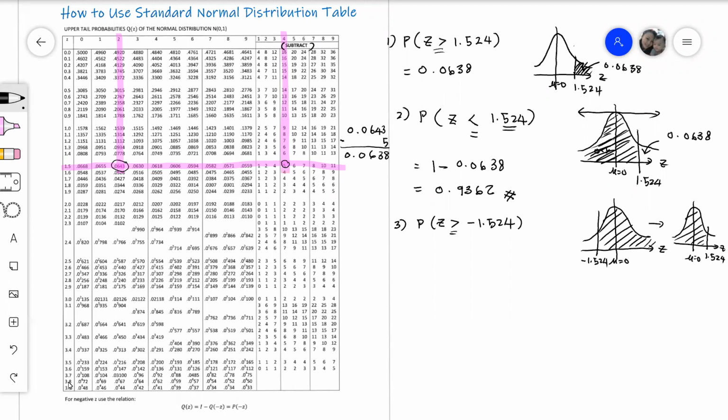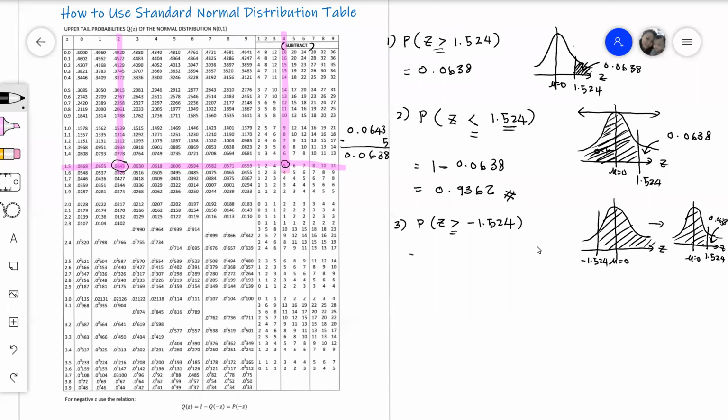So what do we want? We want the area less than 1.524, isn't it? So it is quite the same as number 2. We just need to find the upper right tail, because the standard normal distribution table always refers to the probability on the upper right tail, which we already found, 0.0638.